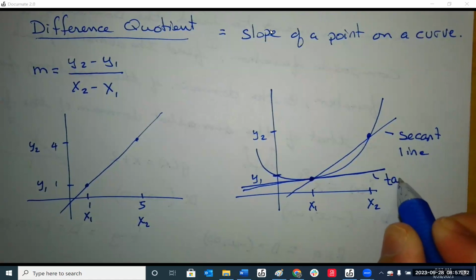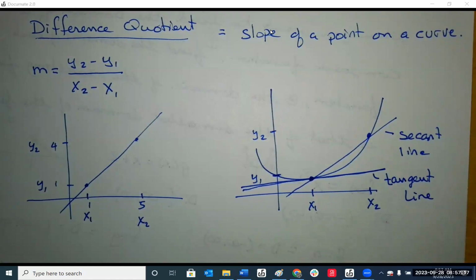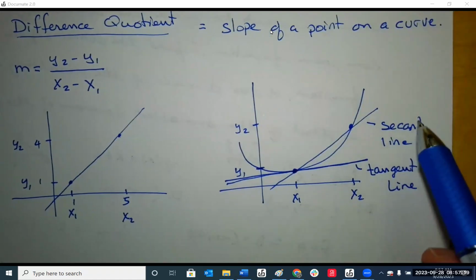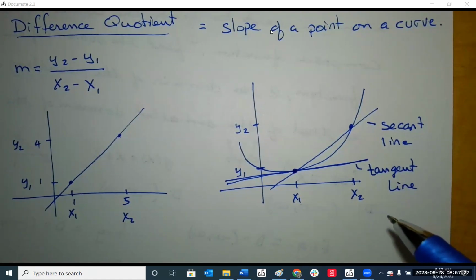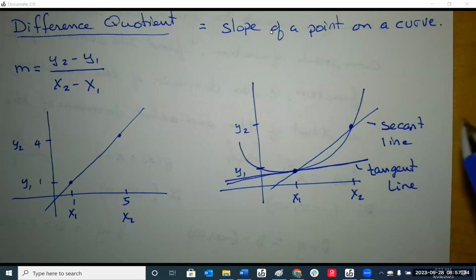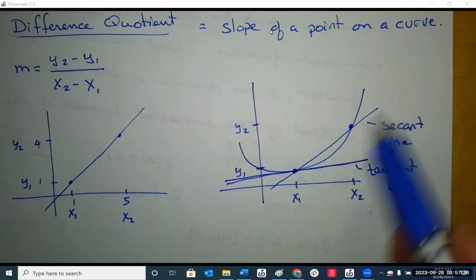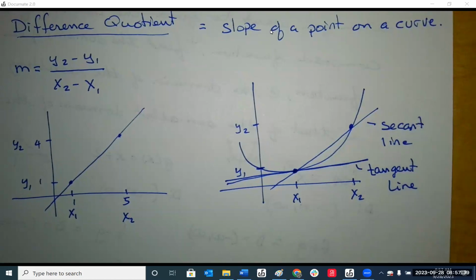That's called the tangent line. A secant line crosses a curve at 2 points. A tangent line touches the curve at 1 and only 1 point. Again, the secant line crosses the curve at 2 points. The tangent line touches the curve at only 1 point.